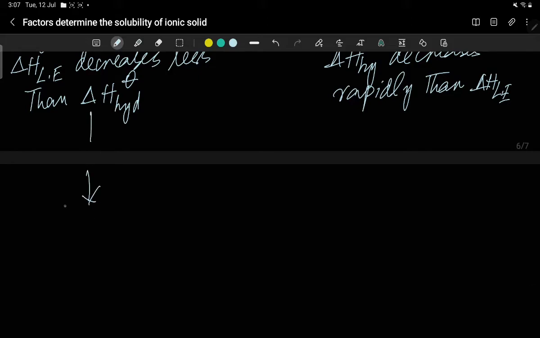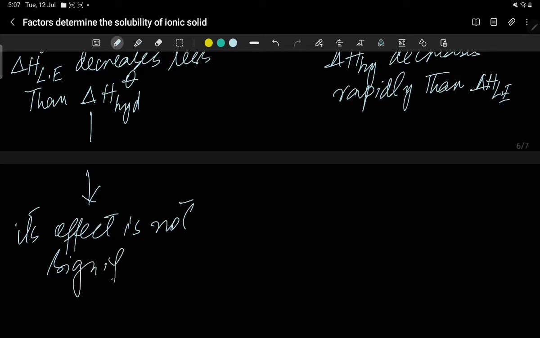Therefore its effect is not significant and its effect is dominant.